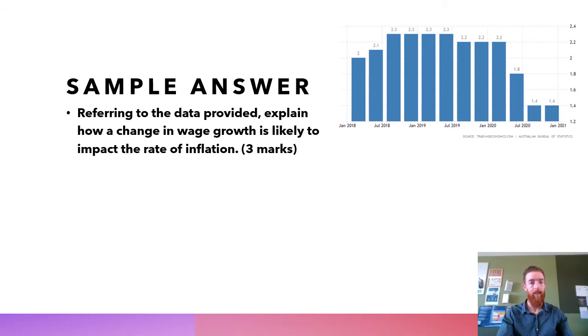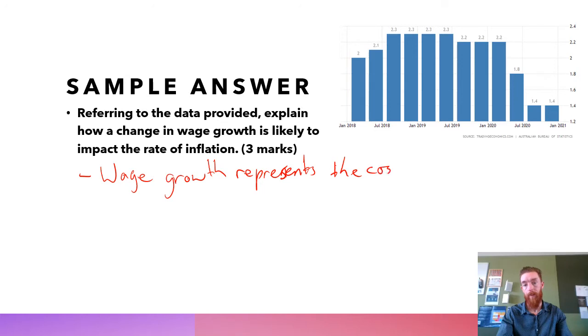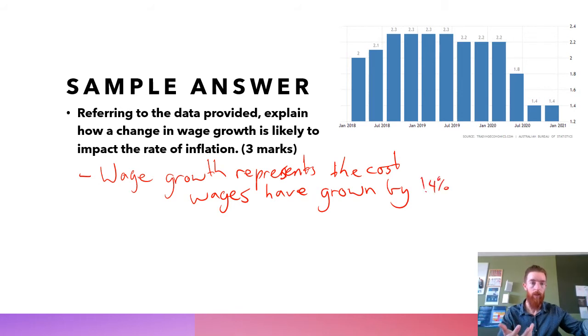So what we're going to do is dot point what a sample length would be. For that first mark, you're going to talk about how wage growth represents the cost of businesses paying their workers, etc. Then you say wages have increased or have grown by 1.4% in the most recent measurement in January 2021.